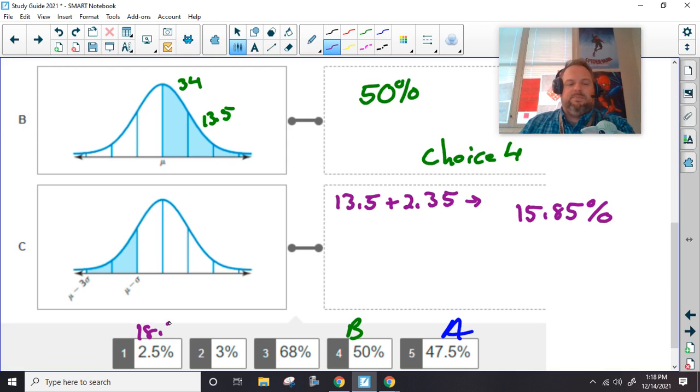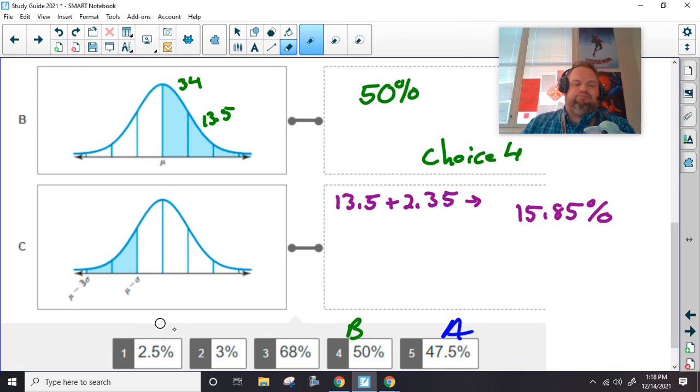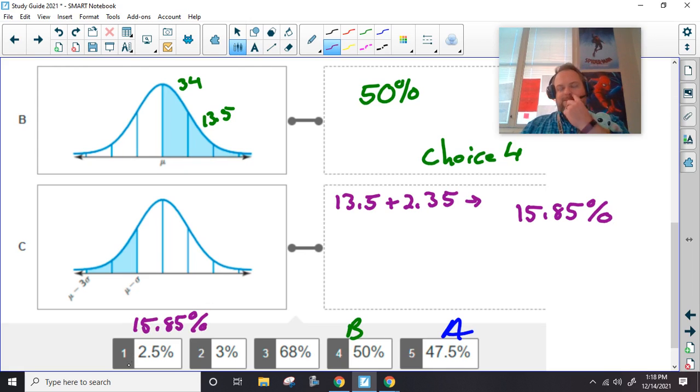This will be 18 point, or dadgummit. 15.85. Yeah, that was a typo, Mr. Jeffries. I read it wrong.